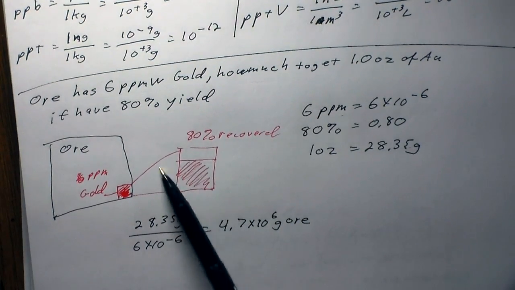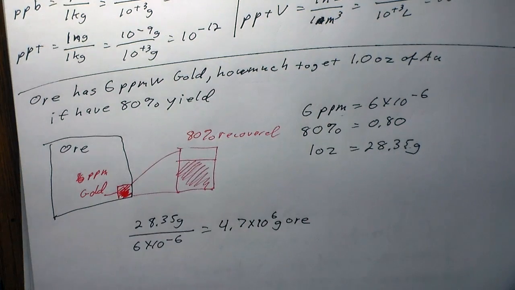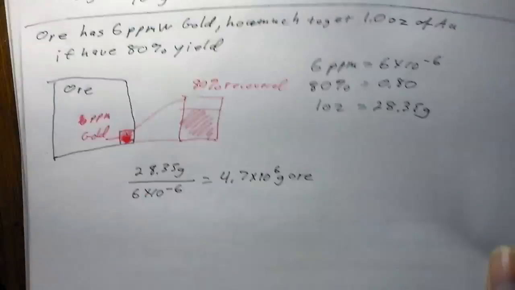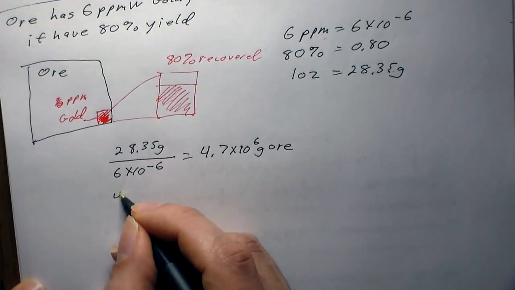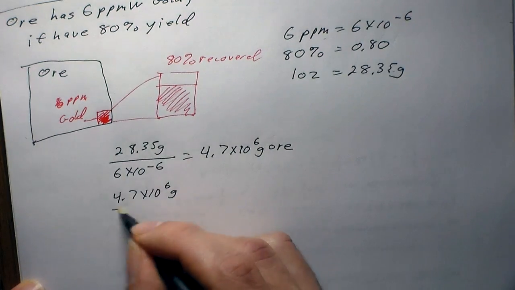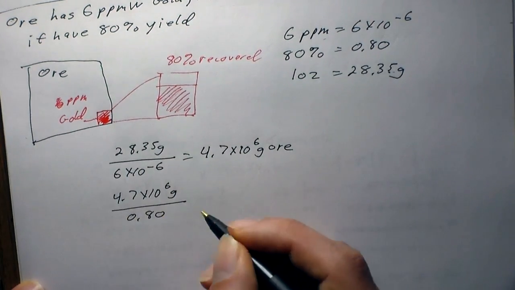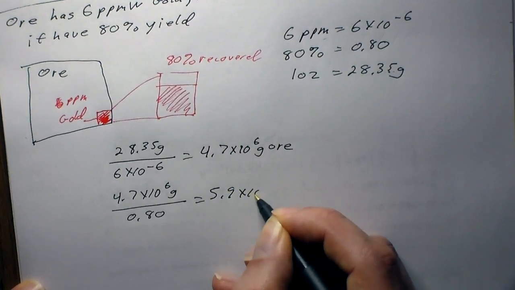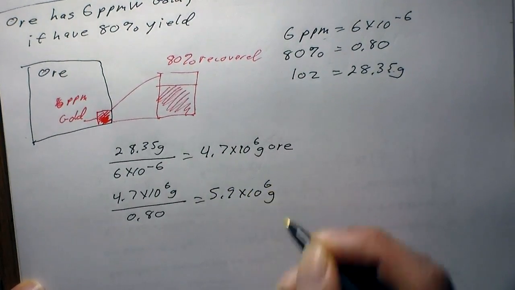And of this, remember only 80% is actually going to be recovered. So we're just going to say 4.7 times 10 to the 6th grams of the ore divided by my 0.80, which is going to give me 5.9 times 10 to the 6th grams.